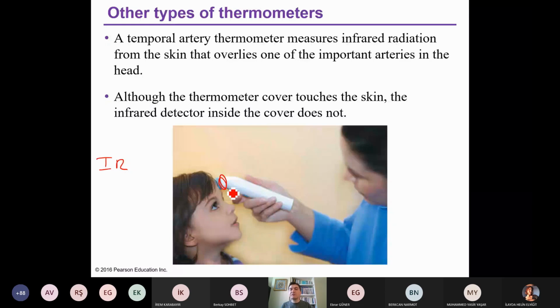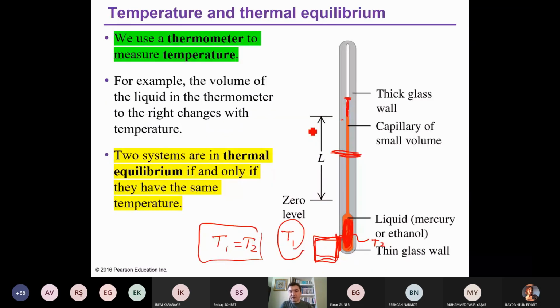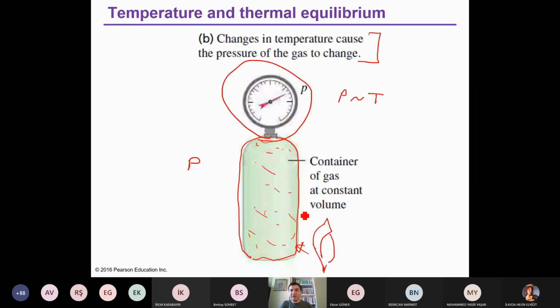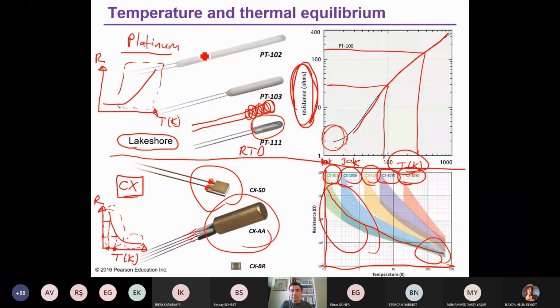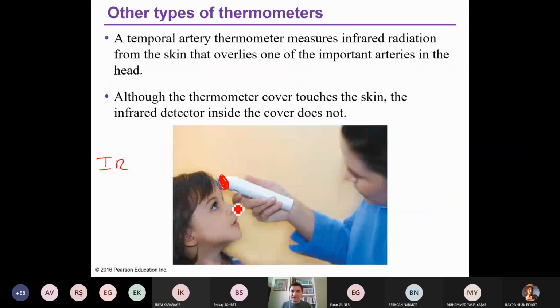And you don't need to touch the system. In case of glass thermometers, the body should touch the thermometer. In case of this container, the body should touch this thermometer. In case of metal and semiconducting detectors, the body should touch the thermometer. But in case of infrared thermometers, touching is not necessary, okay?